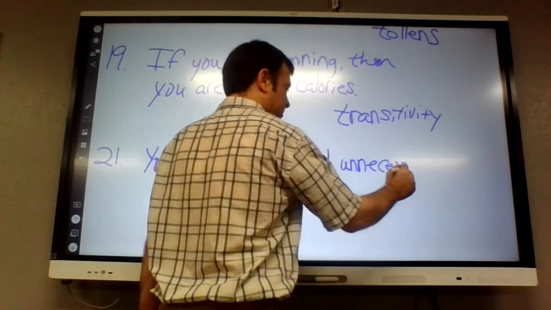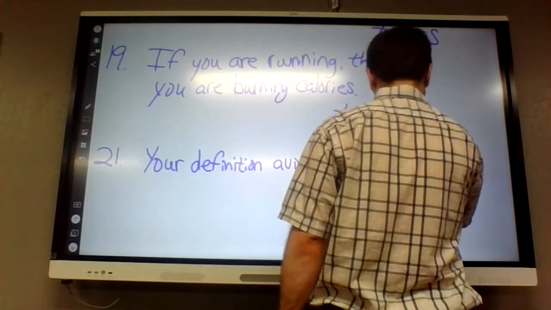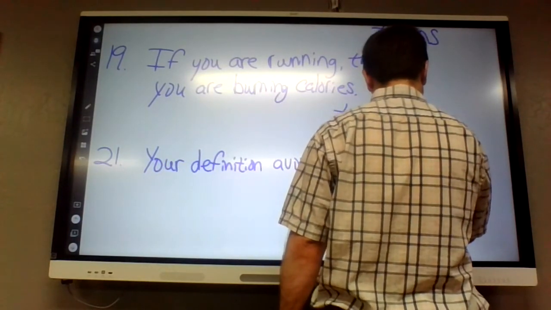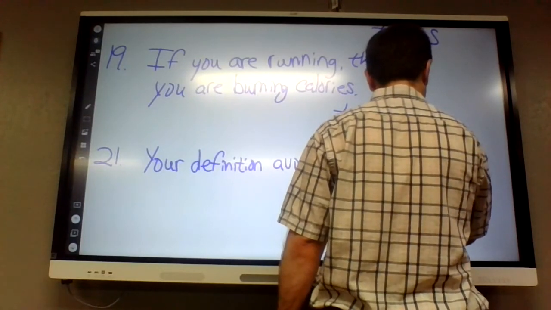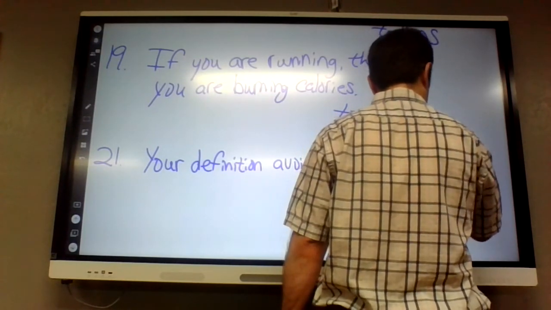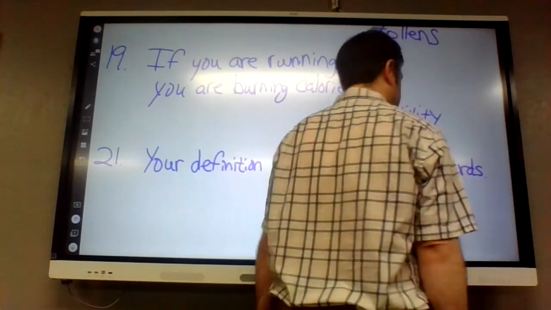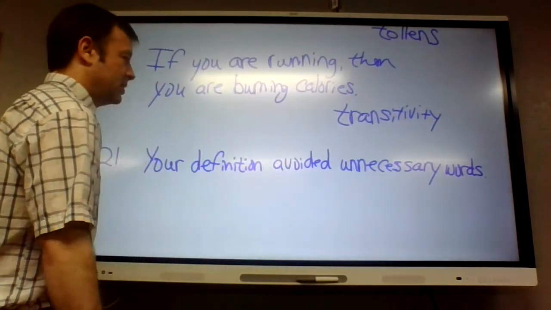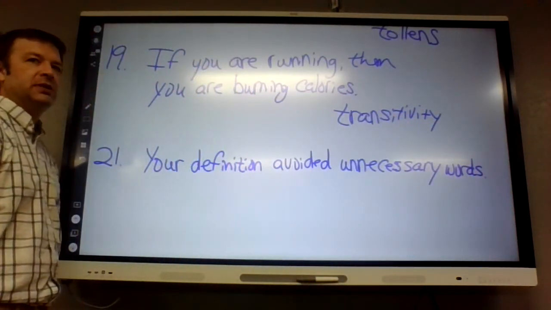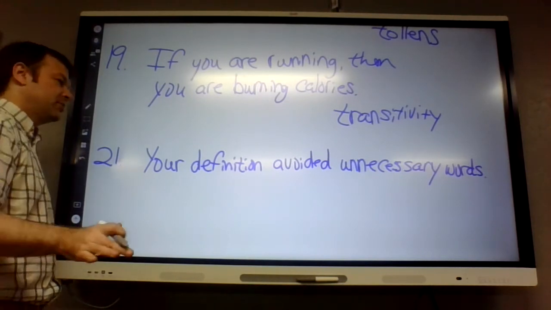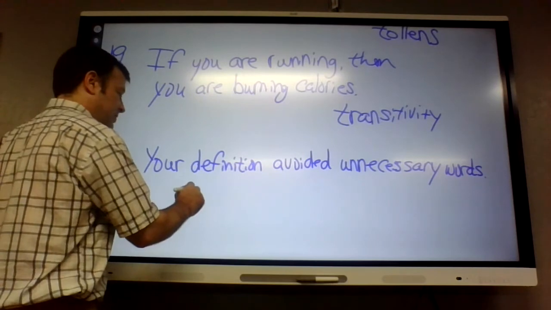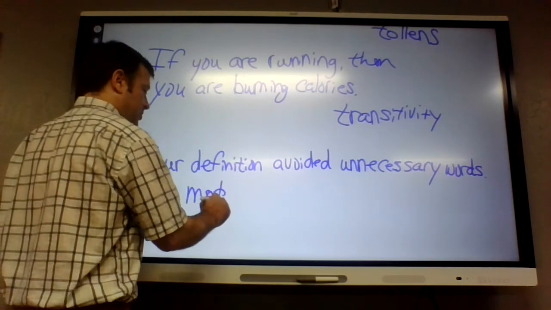Did I spell unnecessary right? One N, two S's. And what kind of logic did we use? The normal one. Yeah, the basic one. We just kind of restated the thing. Modus ponens.